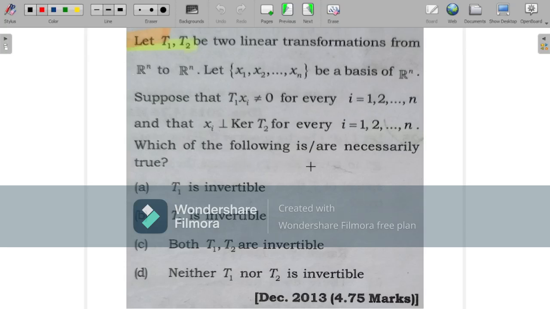Which of the following is or are necessarily true? The first option is T1 is invertible, T2 is invertible, both T1 and T2 are invertible, neither T1 nor T2 is invertible. So let's do this problem.